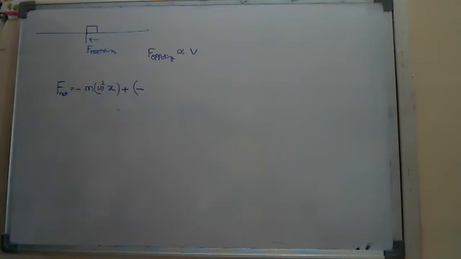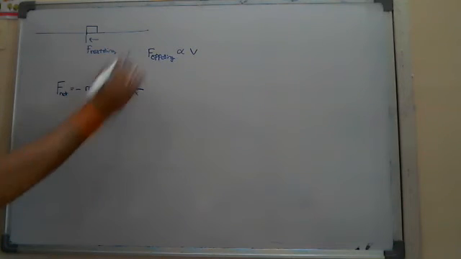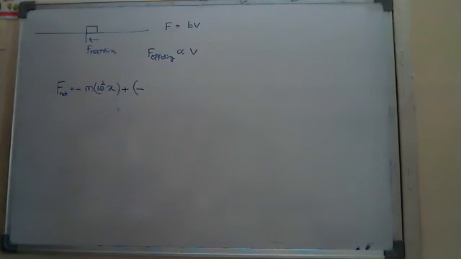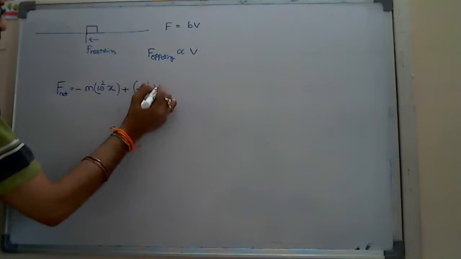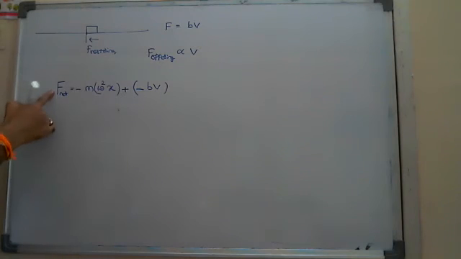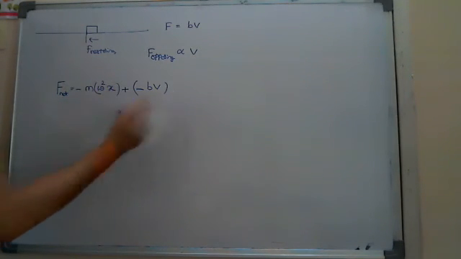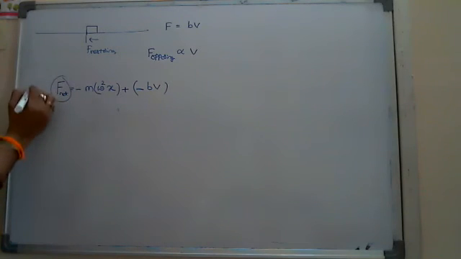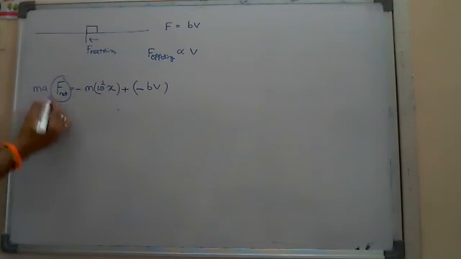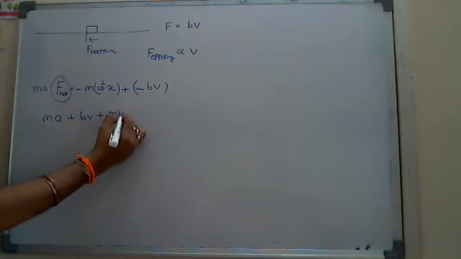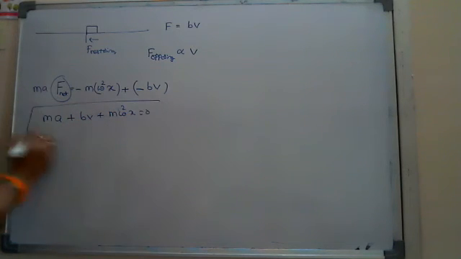It is varying like our viscous force. Viscous force in mechanical properties of fluids, we say F is equal to some b into v. Such type of force, suppose I write b into v. Then total net force I am getting minus m omega square x minus b v. F net generally we write as MA. Therefore, we write it as MA plus bv plus m omega square x is equal to 0.